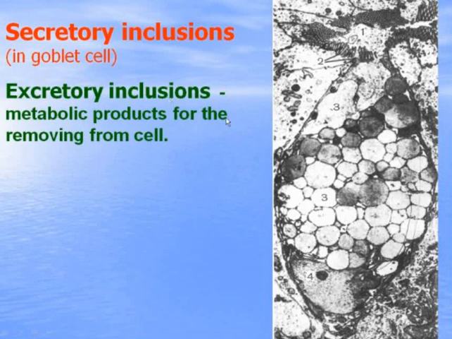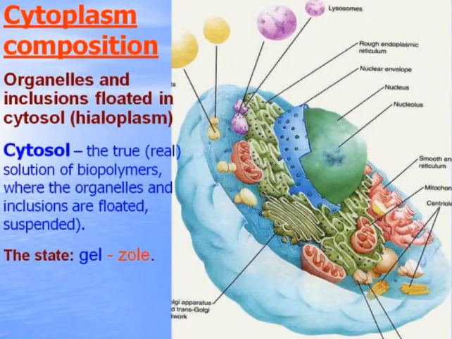Excretory inclusions are metabolic products for removal from the cell. These products are not necessary for the body anymore, and the cells need to remove them.